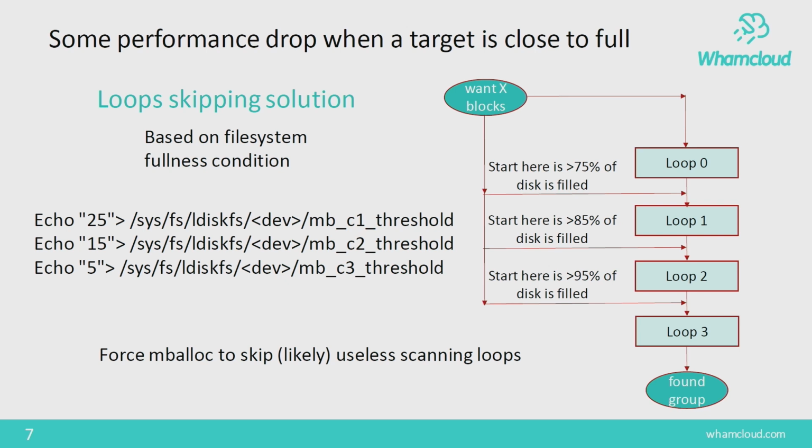It'll start at the CR1 loop, find a group with enough average free space, and then do the allocation within there.